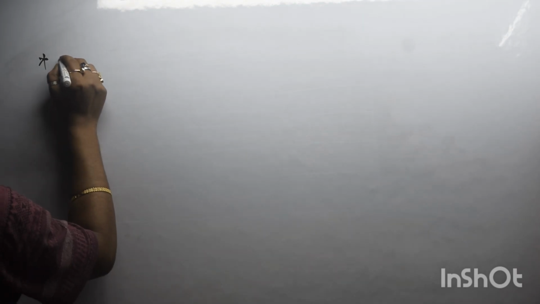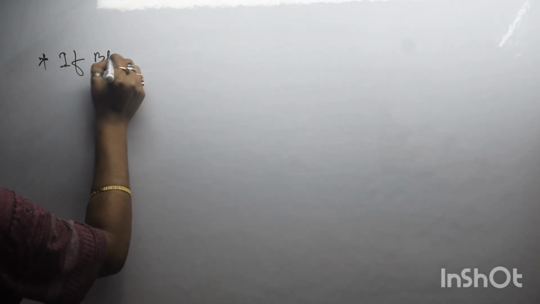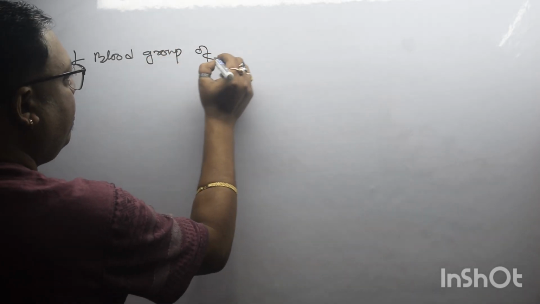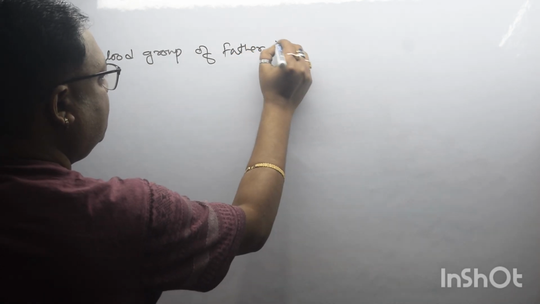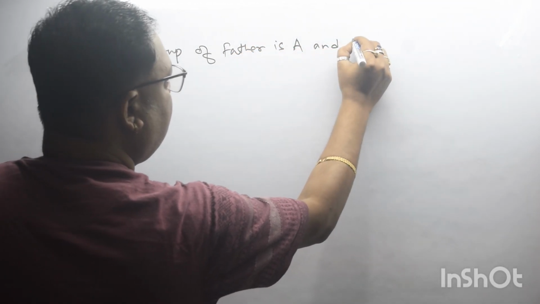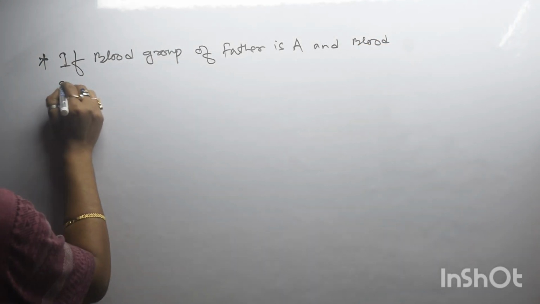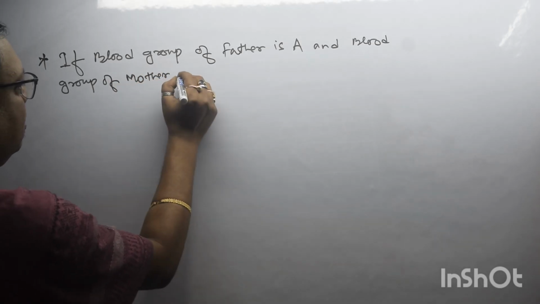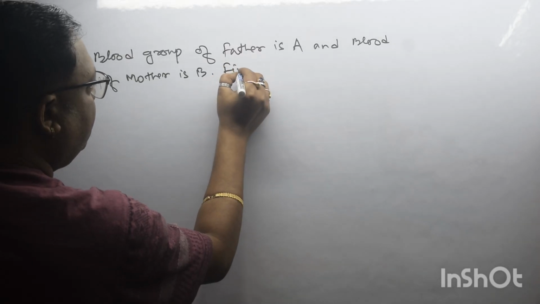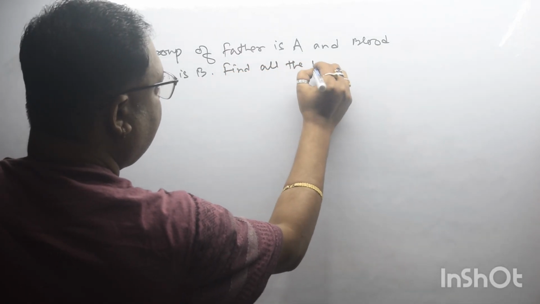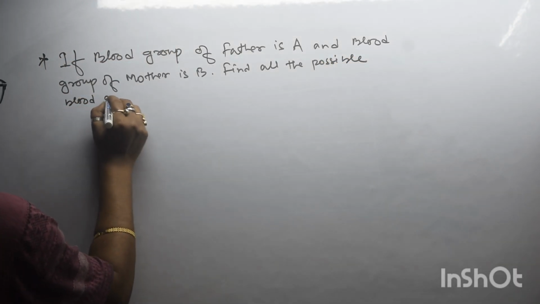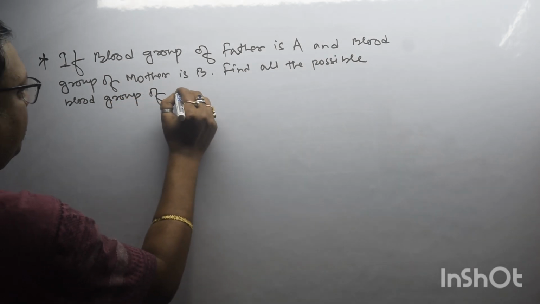Say there is a problem that if blood group of father is A and blood group of mother is B, find all the possible blood groups of progeny.